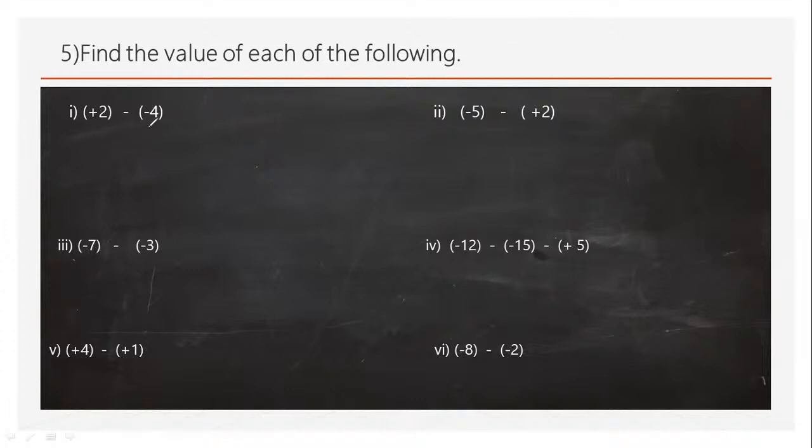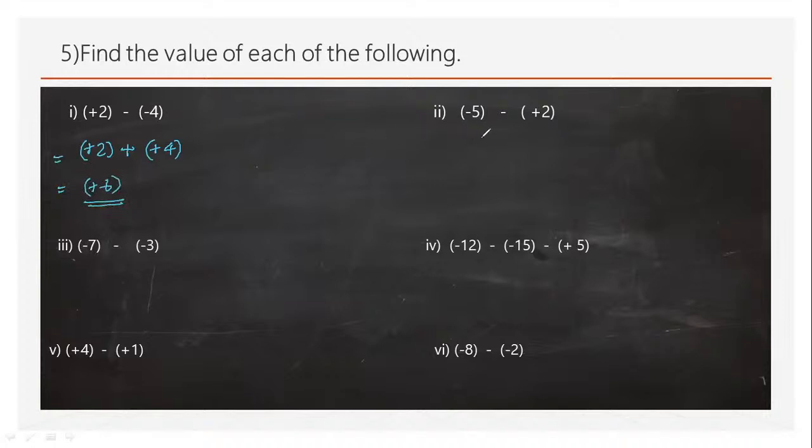Plus 2 minus minus 4. Plus 2, instead of minus, you can write the addition sign and write the additive inverse of minus 4, plus 4. Now add plus 2 plus 4. What is the answer? Plus 6.